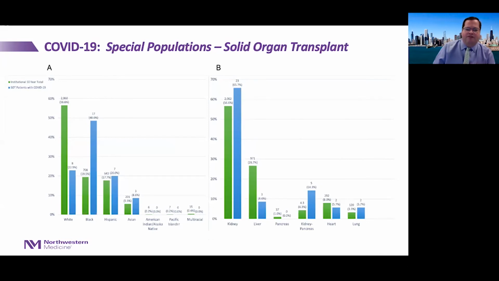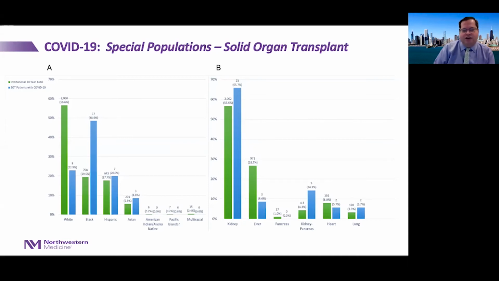Now, one thing that we found to be very interesting are 2 features. One related to race, so in the green bar is the overall transplant population over the last 10 years here at Northwestern. The blue bar are those patients that were diagnosed with COVID-19.